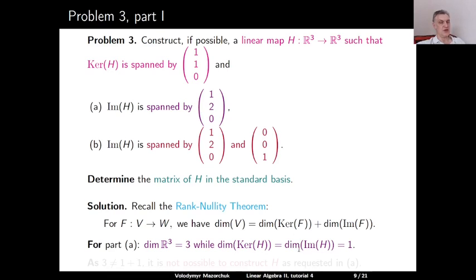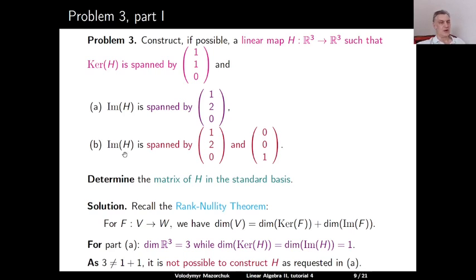So the image will also have dimension 1. However, 3 is not equal to 1 plus 1. And this means that the rank nullity theorem says that such a situation is not possible. So it is not possible to construct H as requested in part A of this problem, because the arithmetic invariants of such H contradict the rank nullity theorem.